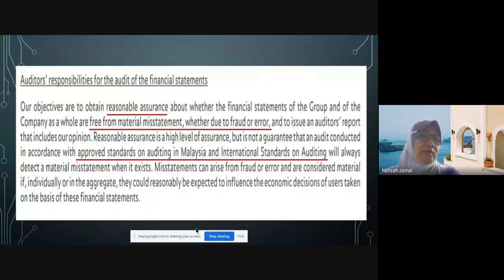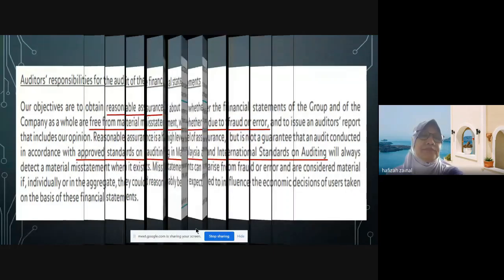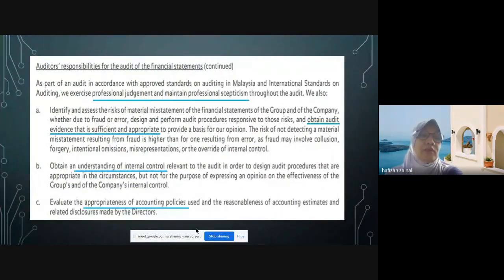Okay, so these are the responsibilities. Also, again, they are stipulated inside the auditor's opinion. You can go to any audit opinion. All audit opinions in the context of Malaysia follow more or less this similar format. So you see what the auditors need to do: exercise professional judgment and skepticism.